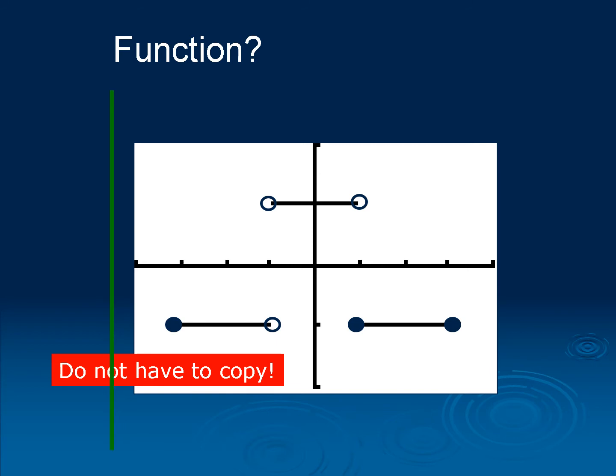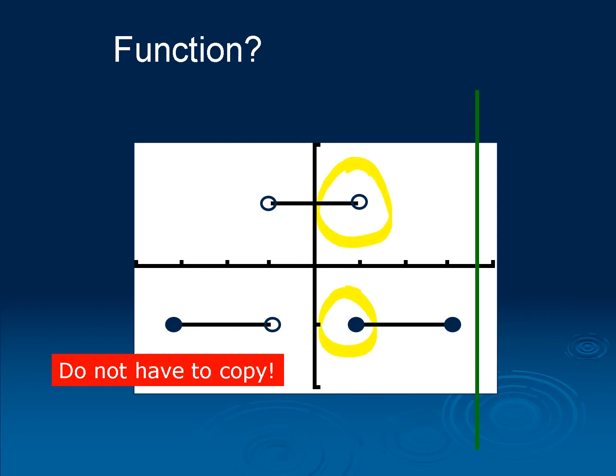Let's try this one. It only touched my vertical line once in each place, but this looks like the graph that we just did. We have there and there. Why didn't it stop there? Because if you look at it, this is an open circle right here.